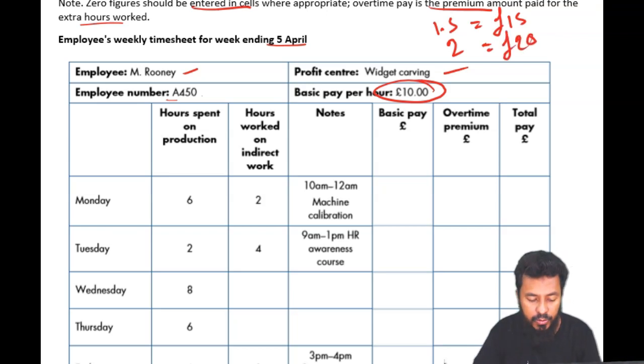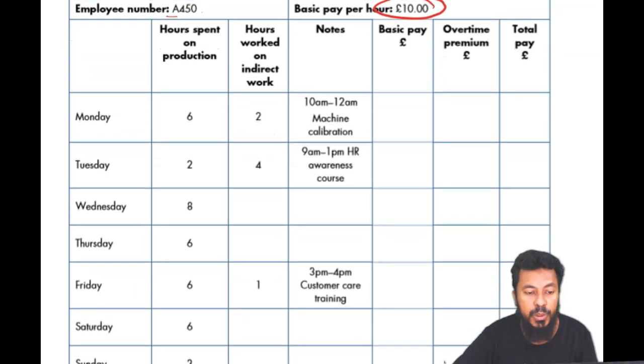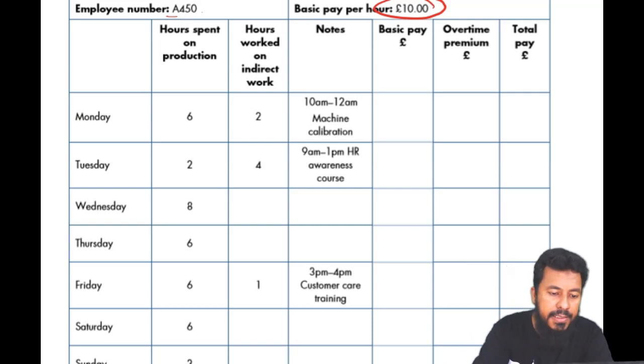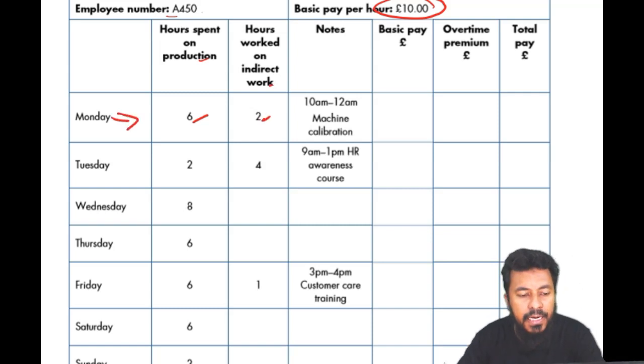I'm using my calculator, and you can use yours as well. With that note, let's get started. Our basic shift is 6 hours. On Monday, there are 8 hours worked altogether.